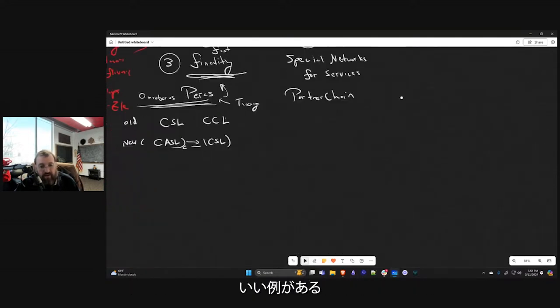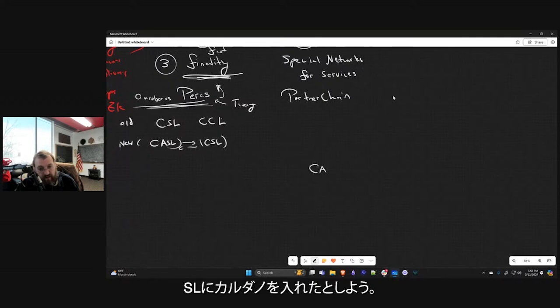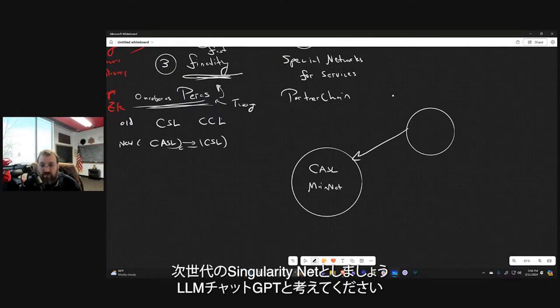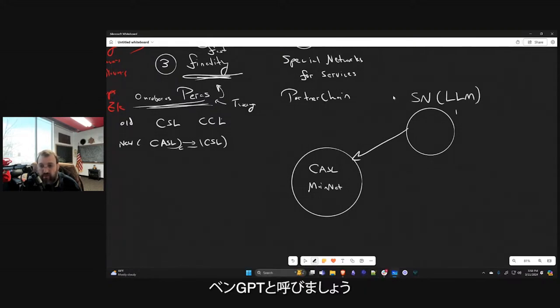So here's a great example. Let's say you have Cardano ASL, so the mainnet. Okay. And then we have a partner chain. And let's say this is next generation SingularityNET, and they have an LLM that's like ChatGPT. So we'll call it Ben GPT. Okay. Ask Ben.